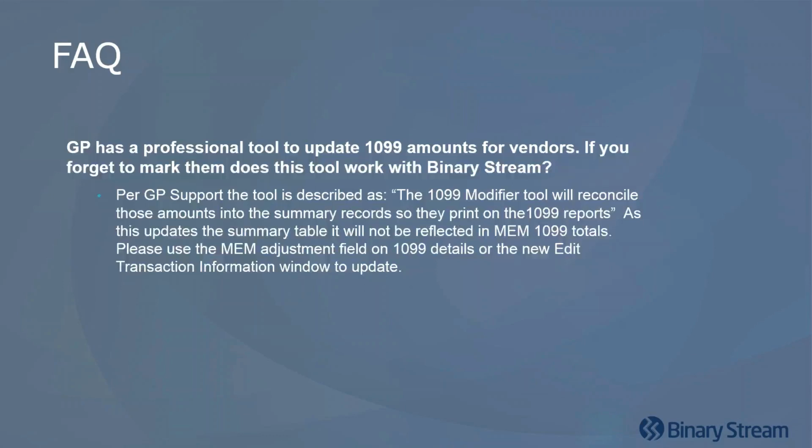Because it updates that summary, we will not pick up those changes. So what we want to look at is the 1099 Edit Transaction Information window that GP provides, which allows you to go through and have the transaction itself now report as a 1099. That will get picked up by us, but this particular 1099 modifier tool, we will not, because it's not updating the transaction, it's updating the summary only.